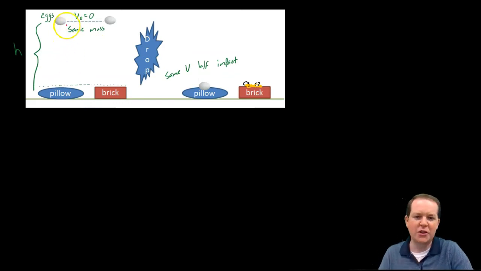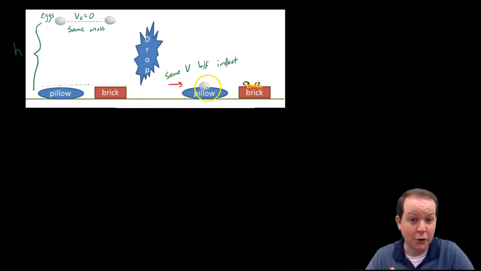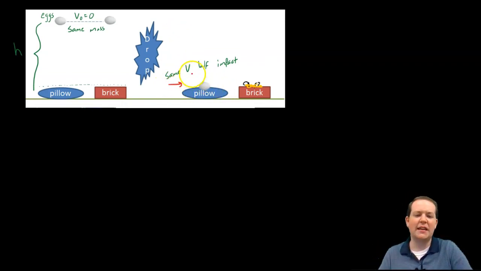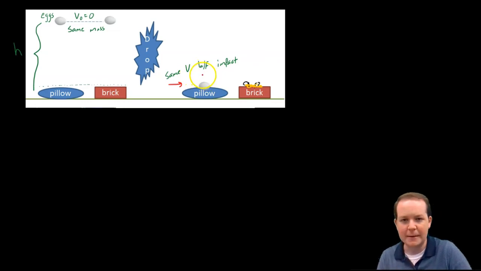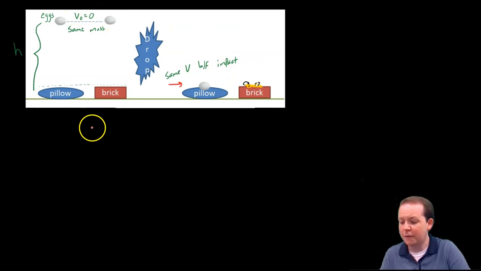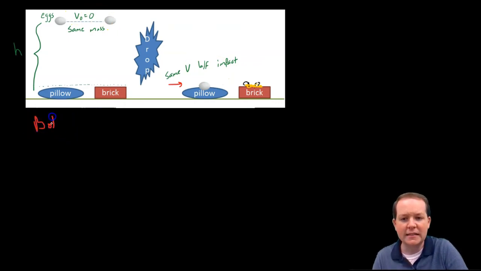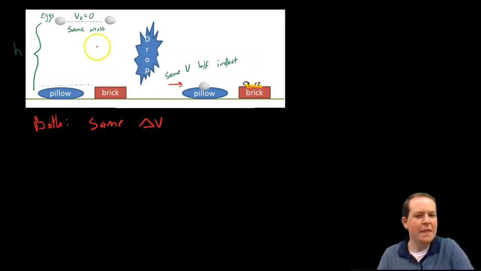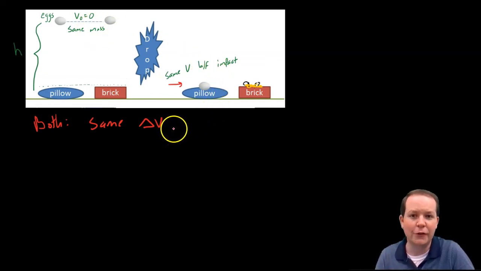But if 2 objects start at rest and fall the same distance, they have the same velocity at some later similar height. So both objects have the same final velocity, and since they had the same initial velocity, both eggs have the same change in velocity. Does that make sense? They both started at rest, and they both have the same velocity right before impact, so they have the same change in velocity.